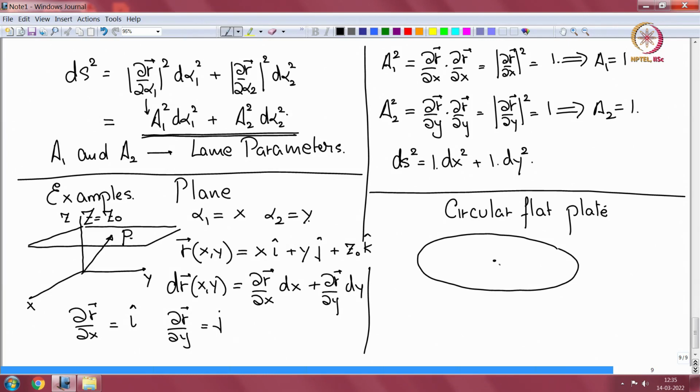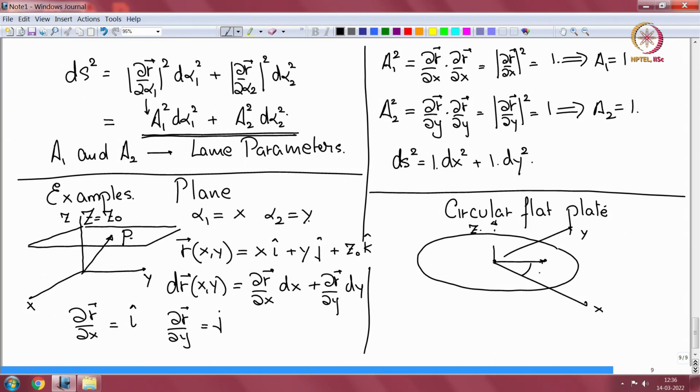Let us say this is my x, that is my y, and that is my z. How do I describe a point?